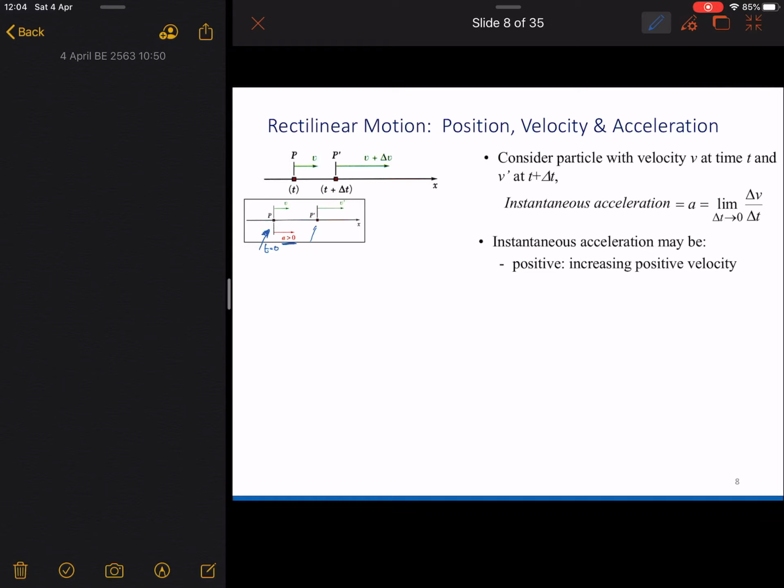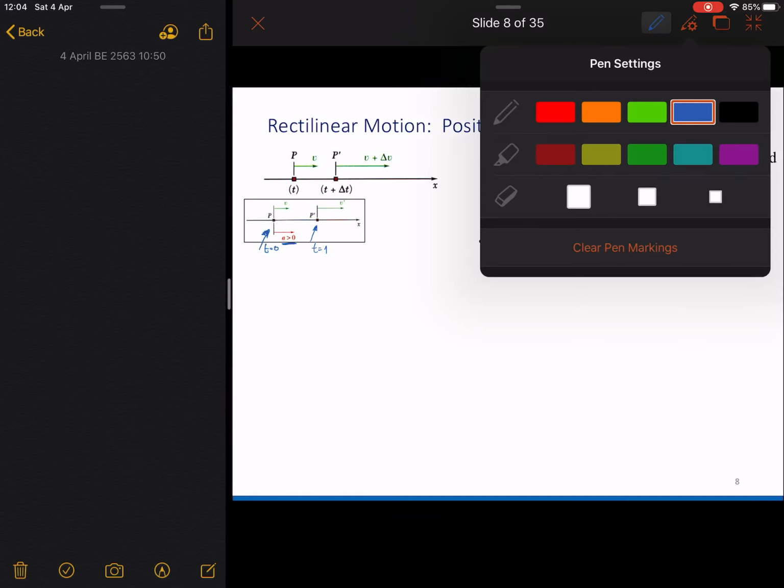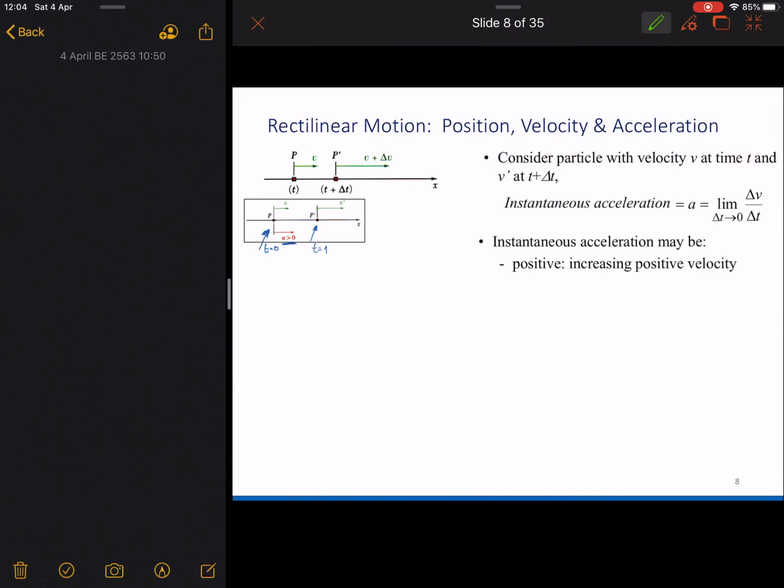Here the next second, t equal to 1, where t means time, we have more magnitude of the velocity, as you can see here. So if acceleration is more than 0, you have more velocity in the next second, or in the next milliseconds. What about negative? I will erase the old one also.